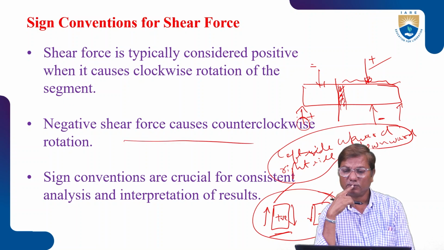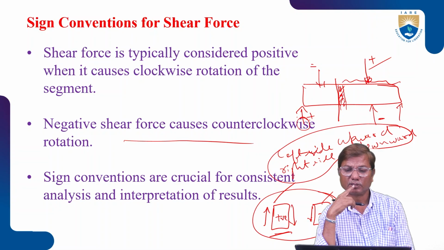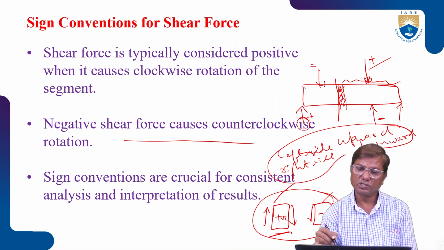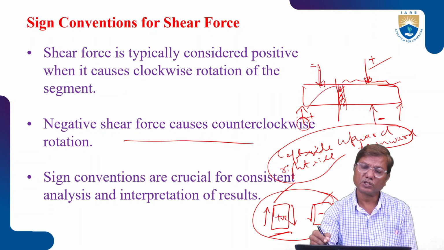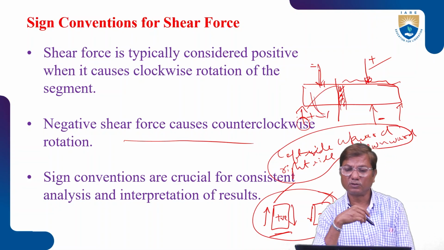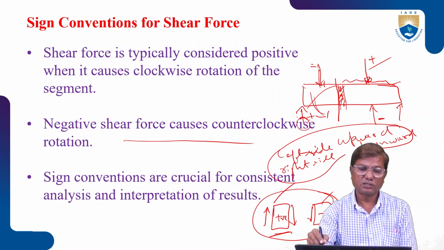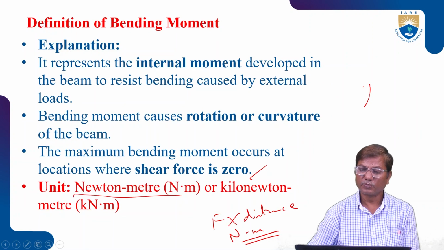So negative shear causes counterclockwise rotation. Negative shear here is left side downwards, which causes counterclockwise rotation. And positive shear causes clockwise rotation.